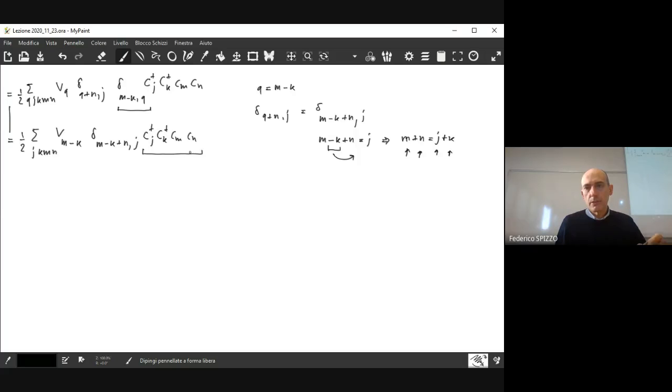After the interaction, those two electrons disappear, and you have new electrons appearing in level j and level k. So level j and level k represent the final states after the interaction between electron m and electron n. So here you have a requirement concerning the wave vectors of the electrons before the interaction.